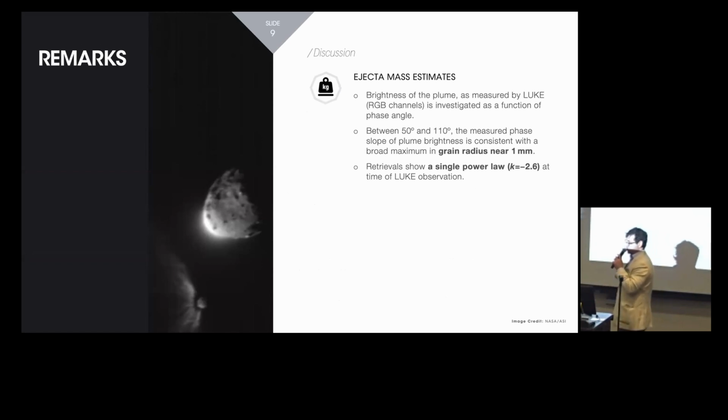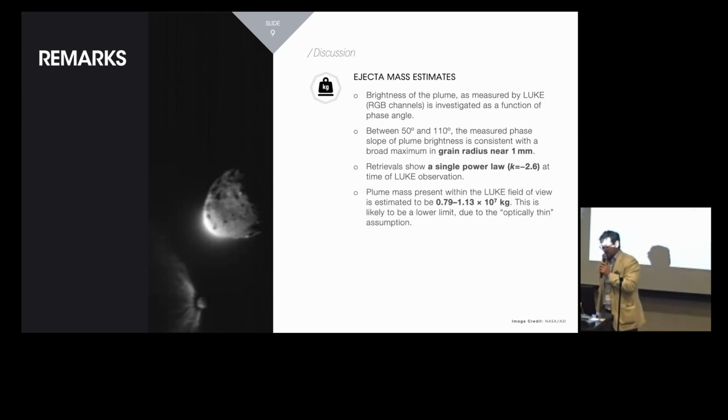The retrievals show a single power law at the time of the LUKE observation, unlike the later observations of Hubble and ground-based folks, where solar radiation pressure seemed to have had some size sorting effects and gave a broken power law. The plume mass present within the LUKE field of view is estimated to be 0.79 to 1.13 times 10 to the 7 kilos. I will say that's also consistent with other estimates as well. But this is a low limit because of that optically thin assumption.